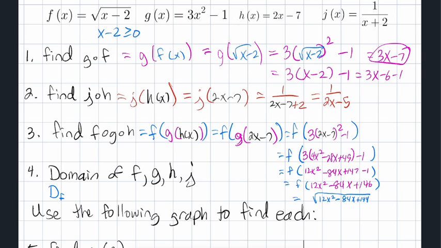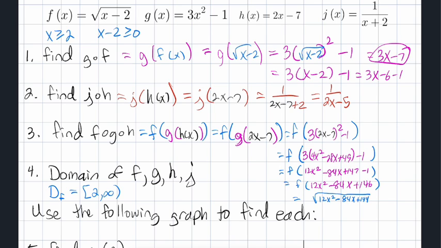And if you solve that, wouldn't you get that x is greater than or equal to 2? Now, if you wrote down x is greater than or equal to 2, that's the domain. I'm going to give it to you, but I prefer that we write it in interval notation. So it's going to go from 2 to infinity. That's the domain of f.